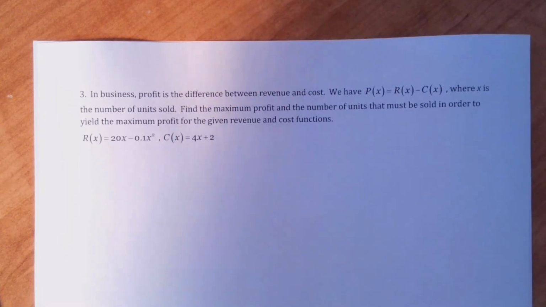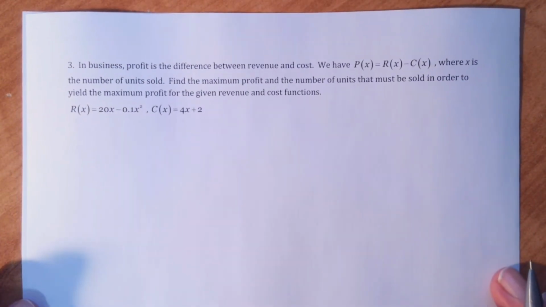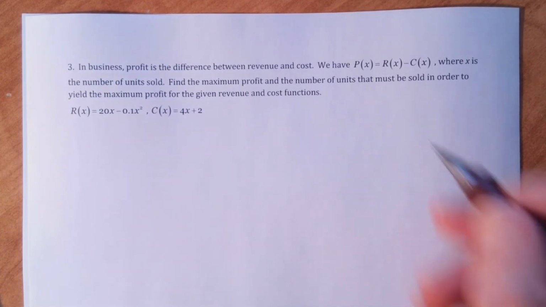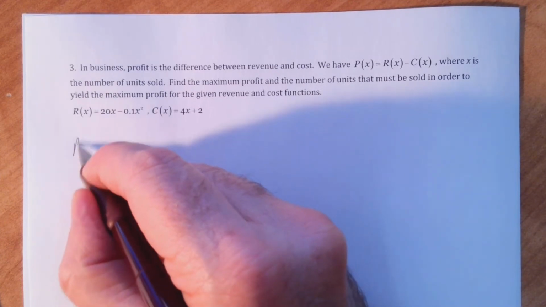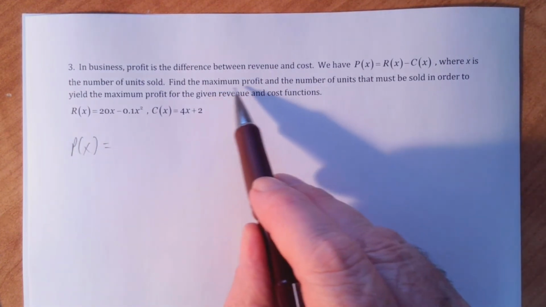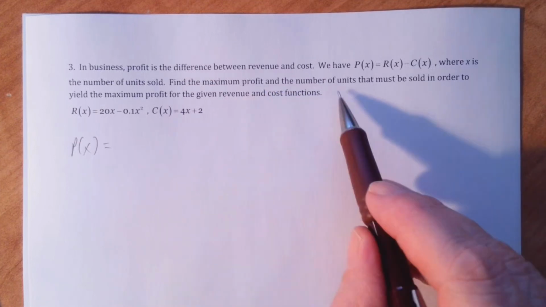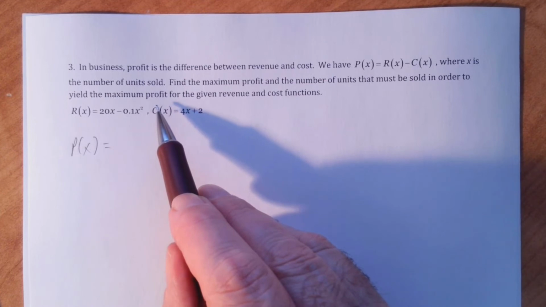Got one more problem to do. It's another min-max problem. So we've talked about this function before. The profit is equal to the revenue minus the cost. And here we don't know what the profit function is, but we're going to be asked to find the maximum profit and the number of units that must be sold in order to yield the maximum profit.